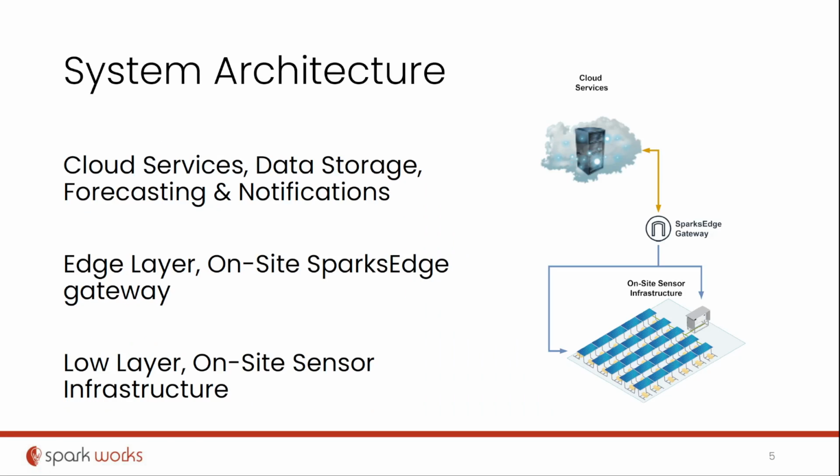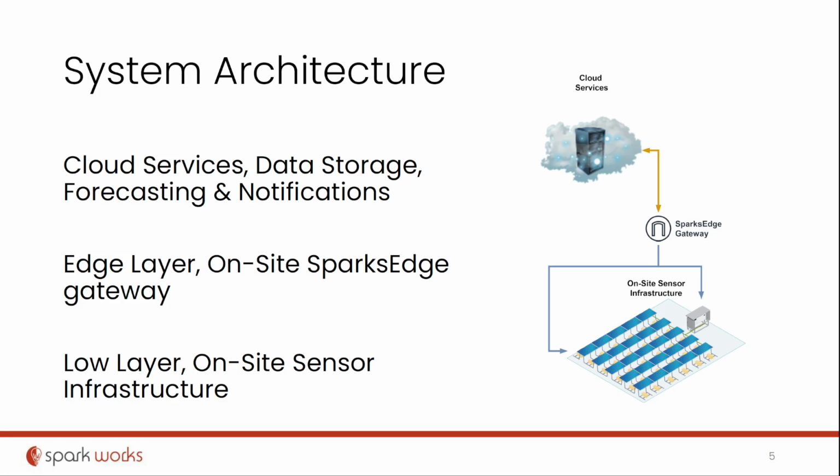So our system is split up into 3 layers. The lowest layer of the system is the on-site sensor infrastructure that collects data from the electrical installation and also from weather sensors recording the irradiance of the sun, the wind conditions, and also the temperature on site.